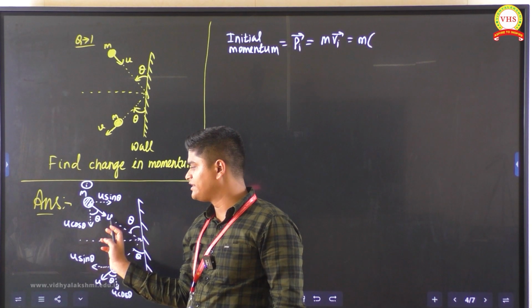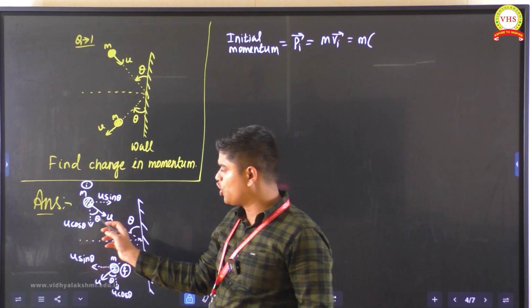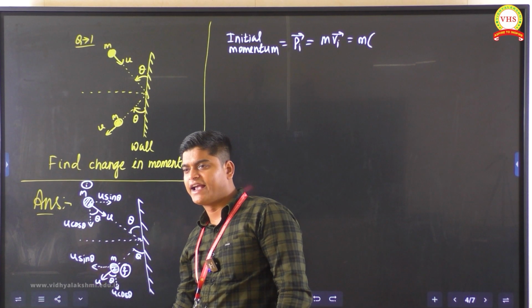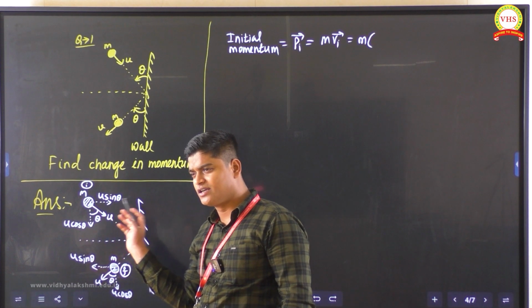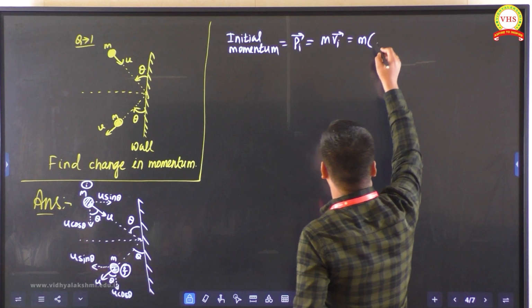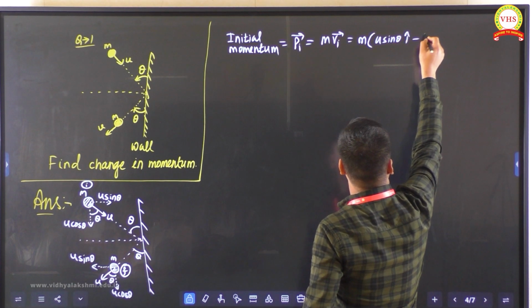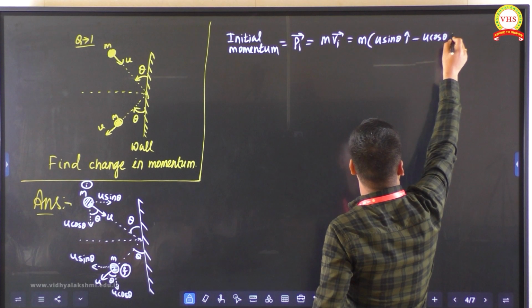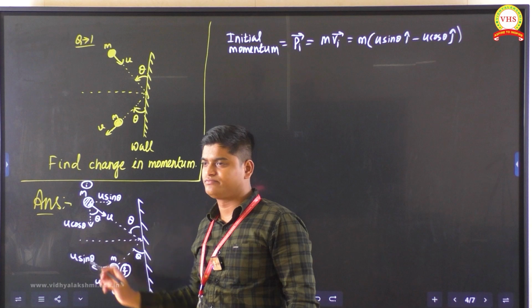Now u vector is having two components. One is cos theta, another is sin theta. Cos theta which direction? Negative y-axis. U sin theta which direction? Positive x-axis. So I can write here u sin theta i cap minus u cos theta j cap. Why I wrote minus? Because it is downward direction.